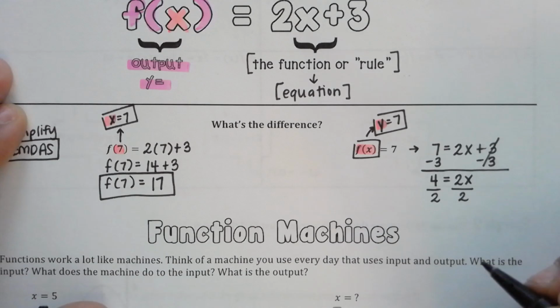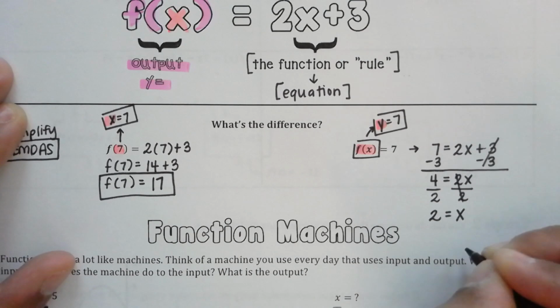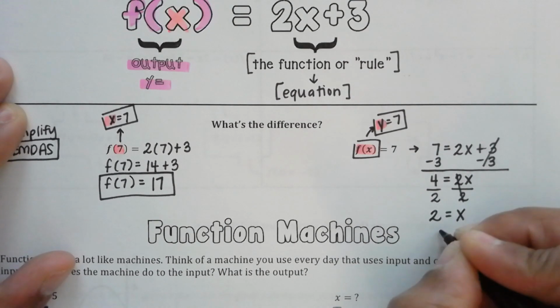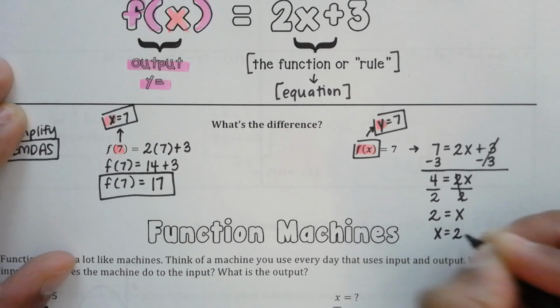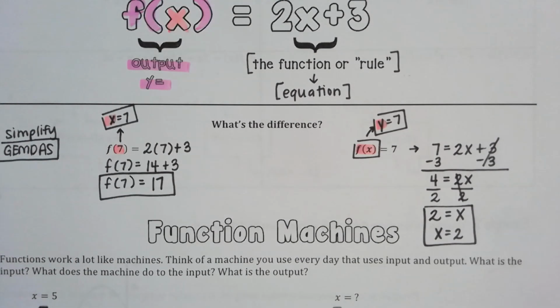Get that typed in. What'd you get? Those 2's cancel. So what's brought down? What's another way to write this? Are they both equally good answers? Will I accept both? Absolutely.